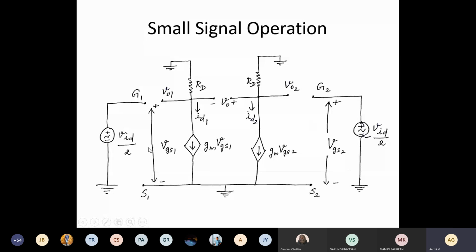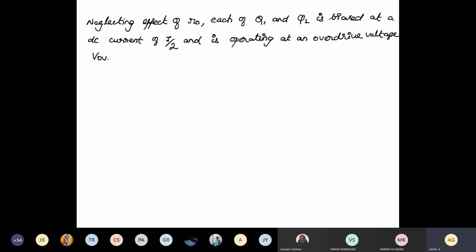Now we are going to substitute in the drain current equation the value of VGS1 as VID by 2 and VGS2 as minus VID by 2, and then calculate the output voltage. Neglecting the output resistance, each of Q1 and Q2 is biased at a DC current of I by 2 and is operating at an overdrive voltage of VOV.